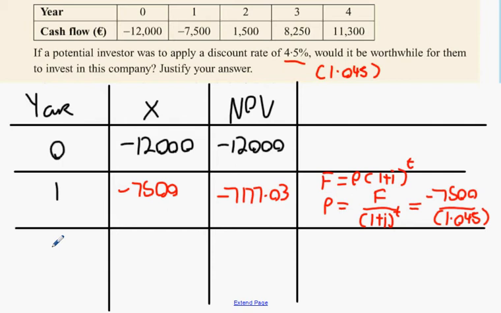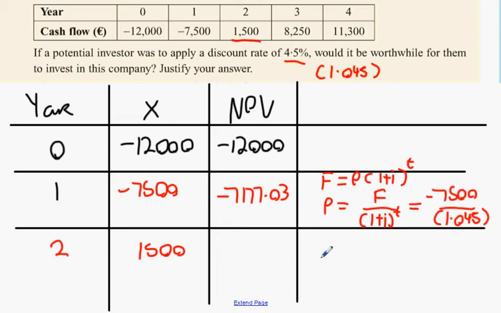Alright, next one, guys, year two. What to say about year two? They're going to give us 1,500 euro in 2 years' time. But what I want to know is, how much would that be worth right now? Will it be worth more or less right now? Less, because we can invest a smaller sum of money to rise up to 1,500.